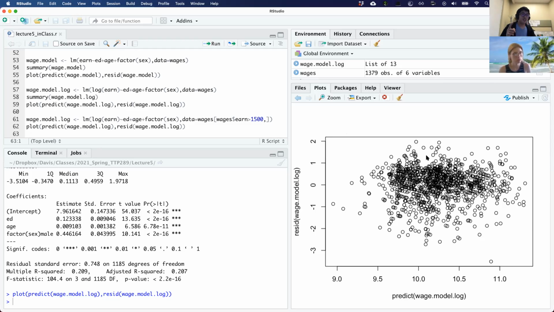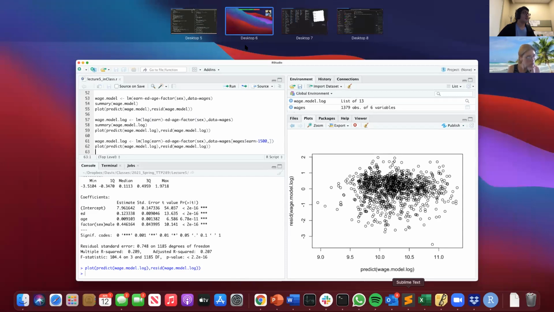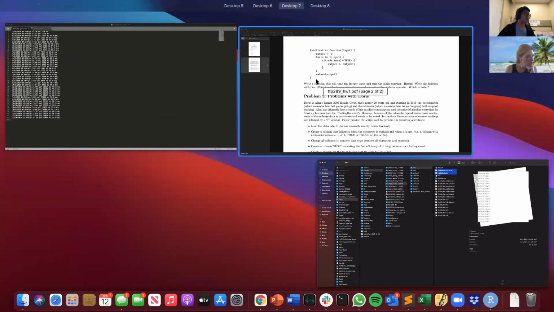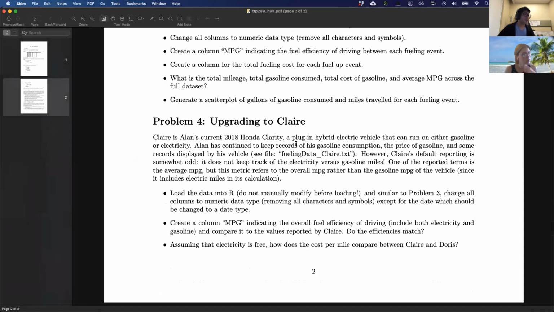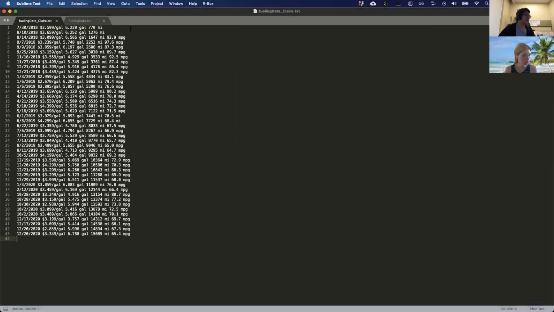Before I answer questions about the homework, there's one thing that I actually did want to clarify, because I don't think it was entirely clear. So on homework 1, problem 4, the Claire data. So this is the raw data.